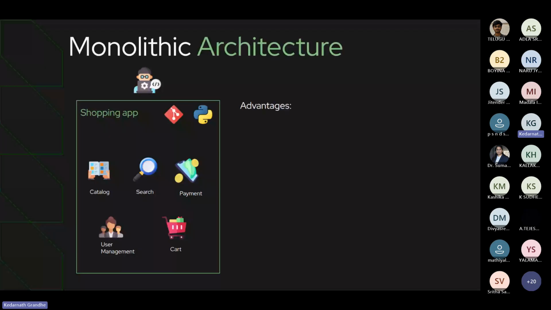So there are some advantages and disadvantages to monolithic architecture. We'll just see them. As I said, it's suitable for smaller scale applications because it's easy to code and it's easy to deploy. Why is it easy to code? You don't have to bother about dividing your application. You just keep on coding your ideas as a single unit.